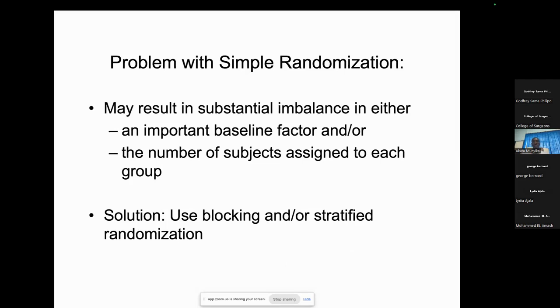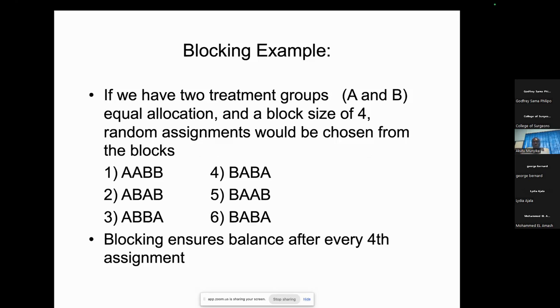An important baseline factor, for example, can be affected. The number of subjects assigned to each group, like we've mentioned, you may not get exactly 10 and 10 on each side if you are using a simple randomization technique. So the solution to that is to use blocking and/or stratification, or stratified randomization. And that is how, for example, computerized randomization calculations are used.